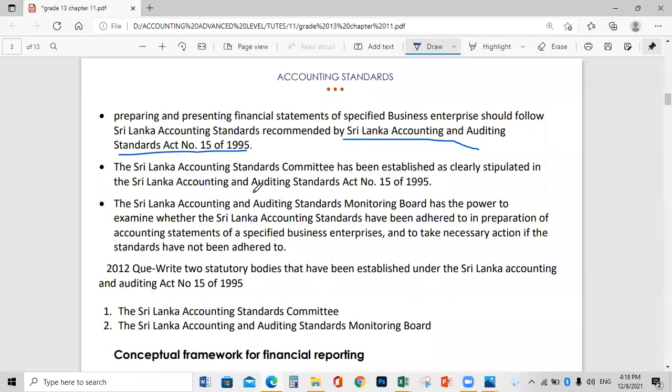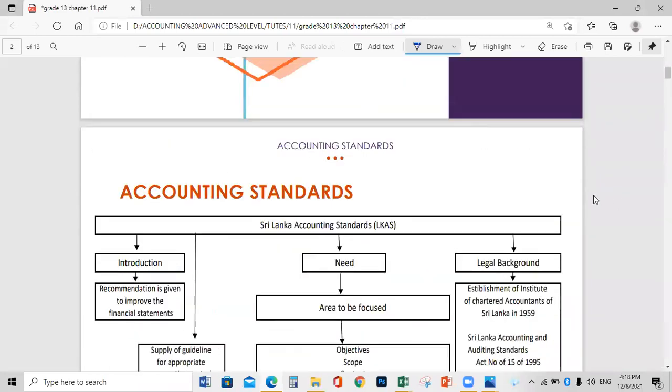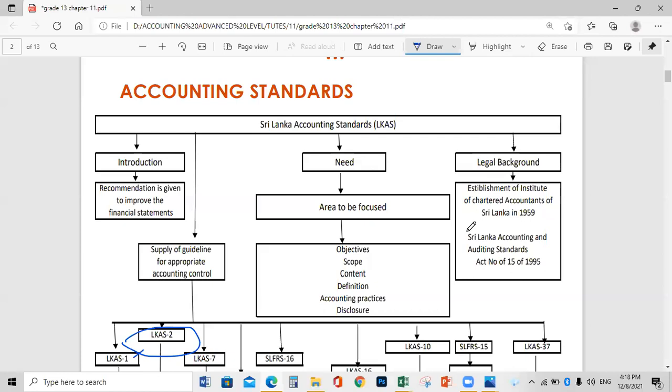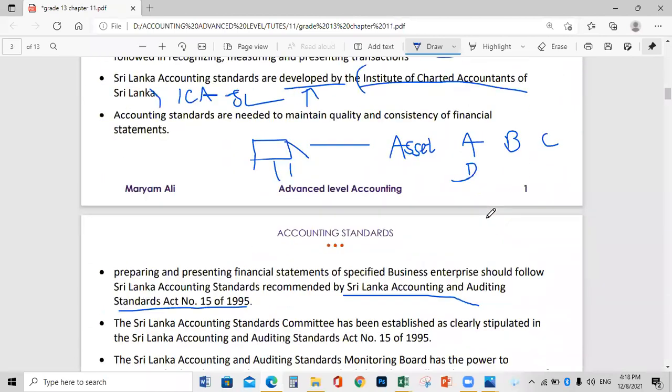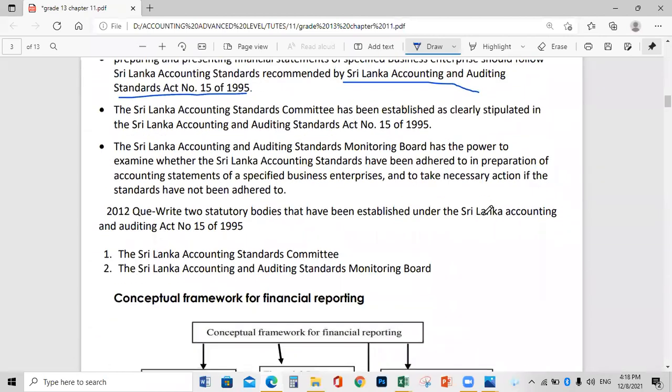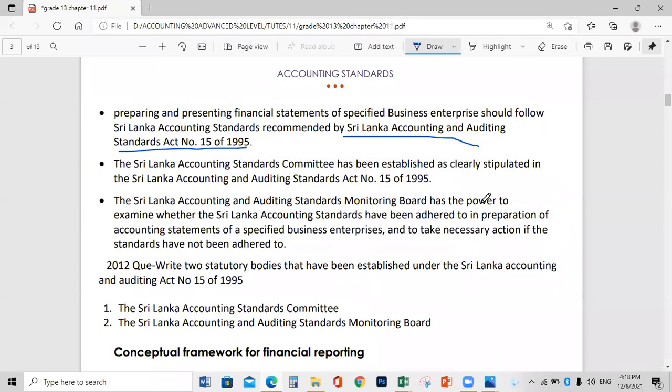So guys, the legal background which comes under the standards is the Sri Lanka Accounting and Auditing Standards Act number 15 of 1995. This is the law, the act which is passed by the parliament regarding accounting standards. Now see the next one.